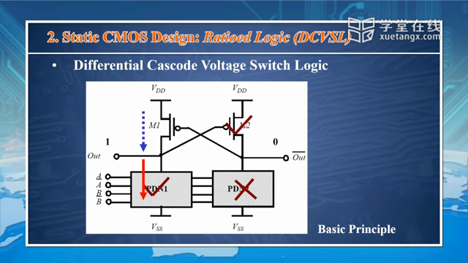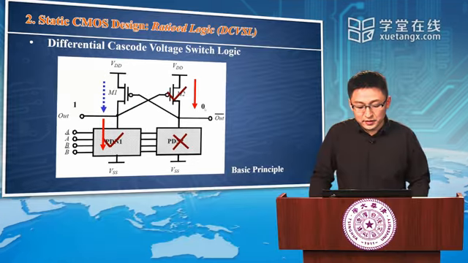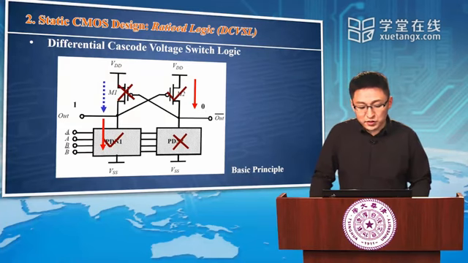If transistor M2 is turned on, then transistor M2 will try to charge the capacitance located between out bar and ground. Okay? Then the voltage potential here will increase accordingly. Then this one, in some cases, will turn off transistor M1.